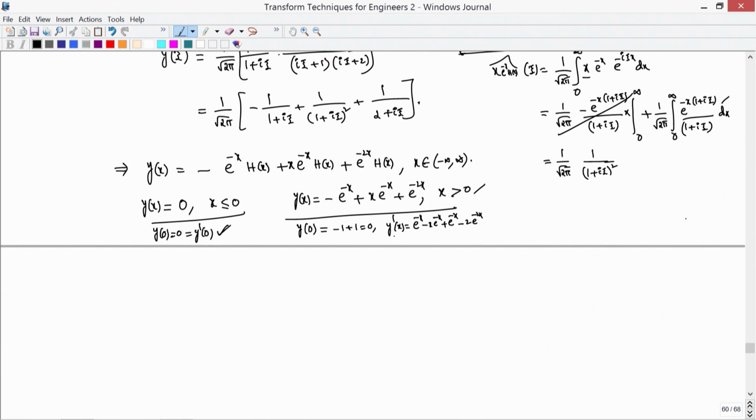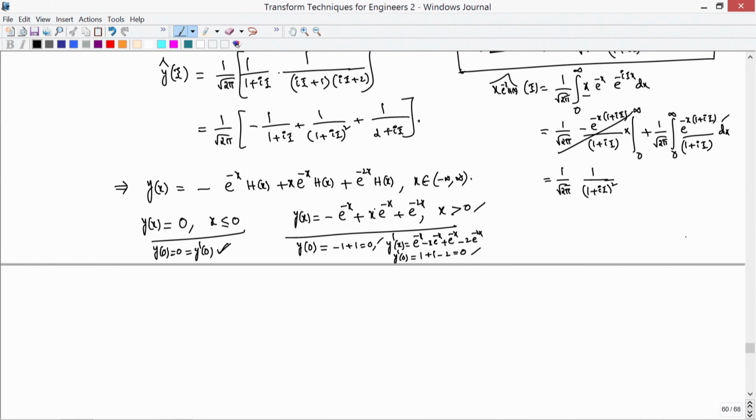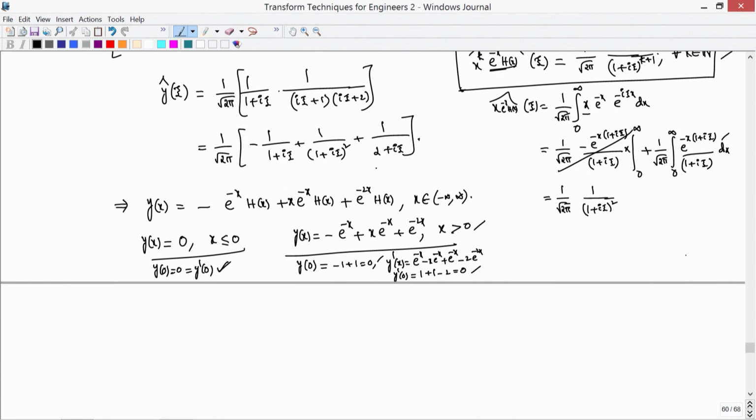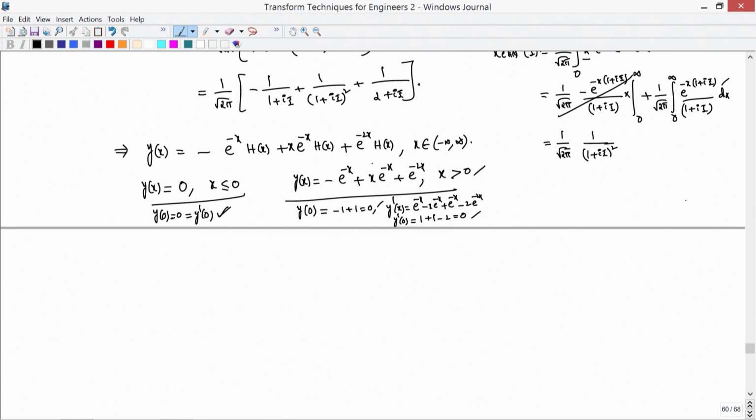So if you put x equal to 0, y dash of 0 is 1 plus 1 minus 2, which is also 0. So these conditions are automatically satisfied because y is a continuous function. The solution that you calculated is a continuous function. Okay. So what you are looking for is the solution that automatically satisfies these boundary conditions.